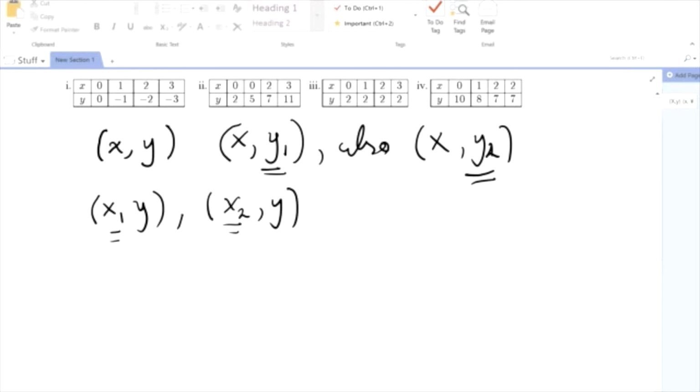The third one 2, -2, and the fourth 3, -3. So this is a function because we don't have an x value equaling two different y's. For example, we don't have 0 equaling 1 and 0 equaling 2, something like that.